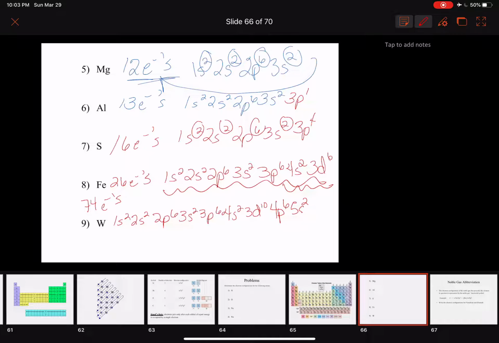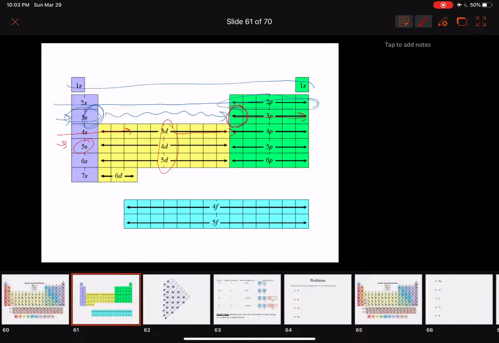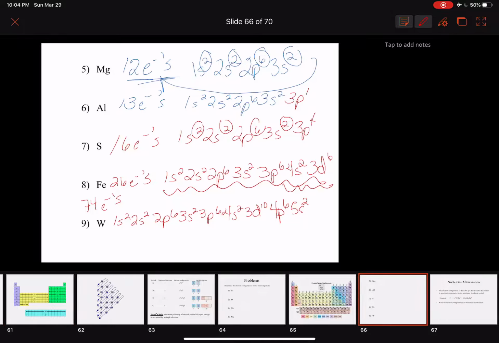So we keep going in order, and the cheat sheet will tell us that after 5s, we're going to go to the 4Ds, which you can see right here. And how many electrons total can you put in the d orbitals? There are 5 of them, and they each can hold 2 electrons. 10, that's right. So we go 4d10, and we're still not even there.